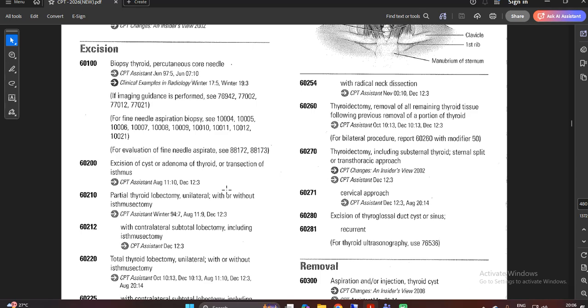So this is the standard guideline for any biopsy procedure, not only for thyroid. This is common for each and every anatomical area. So you need to check whether it is core needle or not. Also you need to check whether the physician is sending tissue samples to histopathology or cytology.